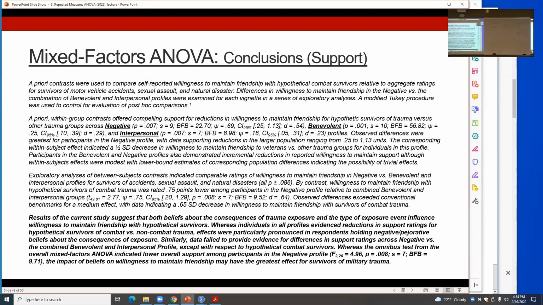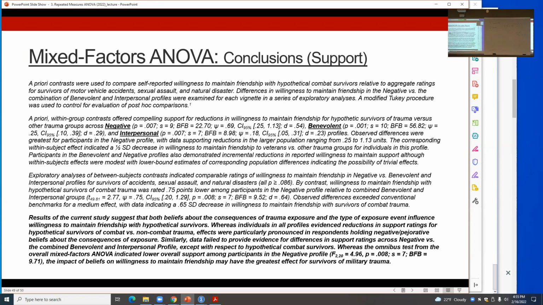If we drop down into our vignette, same thing. We've got a within, got a between that we've kind of set up as exploratory. Here we're saying that results suggest that beliefs about consequences of exposure influence willingness to maintain friendship with hypothetical survivors, whereas individuals in all profiles have reductions in support ratings for hypothetical combat versus non-combat trauma. Effects were particularly pronounced in those holding negative pejorative beliefs about the consequences of exposure, right? So we all saw all the contrasts came up as positive, but they were particularly large for the negative group.